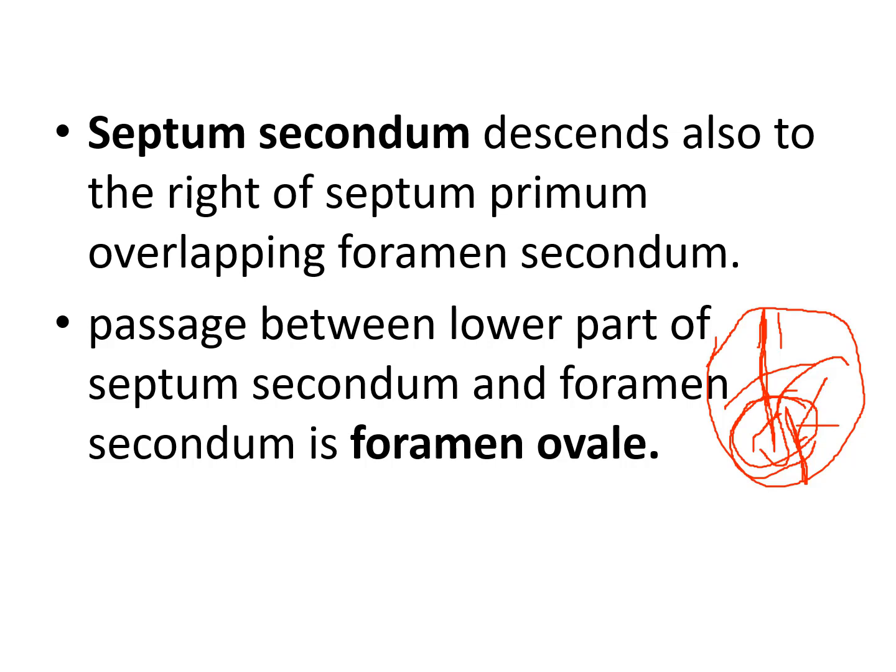This is foramen ovale. This foramen ovale will be there until we get birth. At that time, the pressure in the left will rise and in the right will decrease, and this foramen will be physiologically closed.